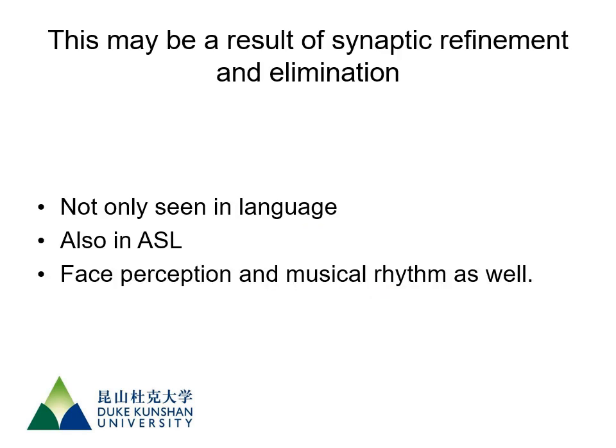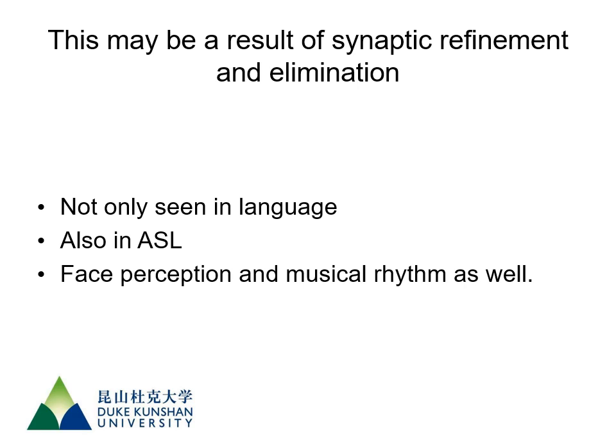So what could be an actual mechanism responsible for this loss? The infants were able to discriminate a foreign language, but later on when they grow up, they were not able to discriminate so well. It seems that this might be a result of synaptic refinement and elimination that we have talked about. This is not only seen in language acquisition, but also in ASL.